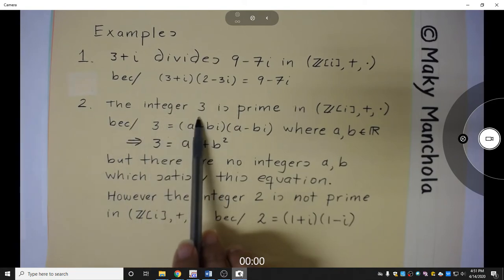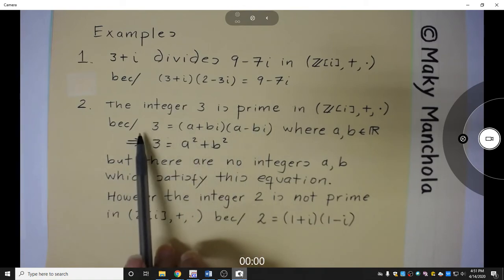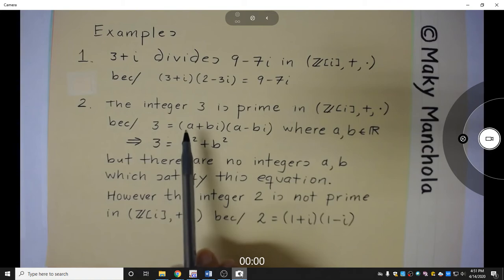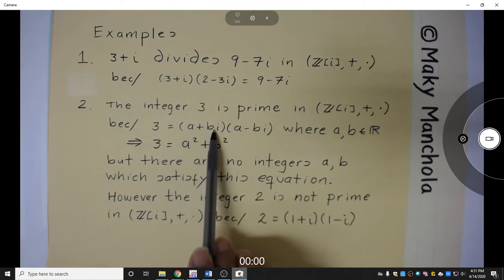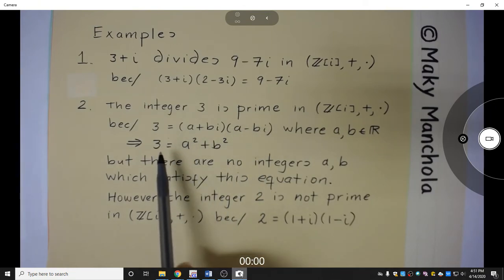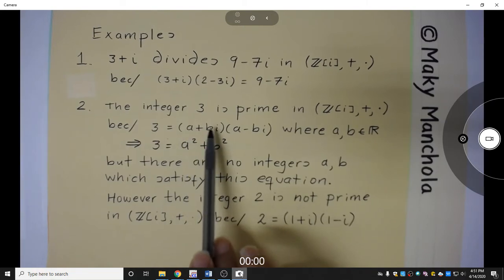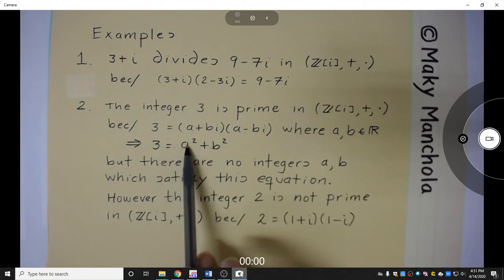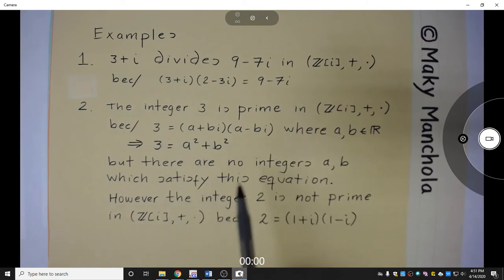The integer 3 is prime in the structure of Gaussian integers because if you were to write it as a product of two complex numbers, a plus bi and a minus bi, you will get that 3 is a squared plus b squared. But there are no integer solutions of this equation.